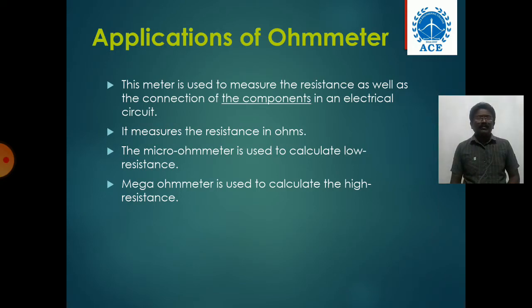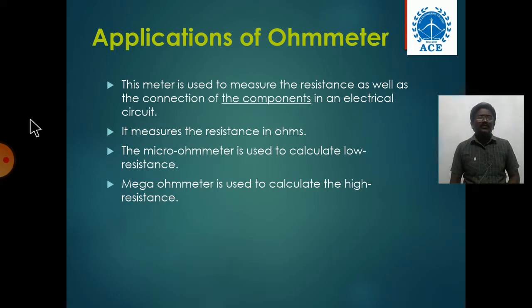A series type of ohm meter is having two multiplier resistances, one PMMC meter, one battery, and across terminals connect unknown resistance.